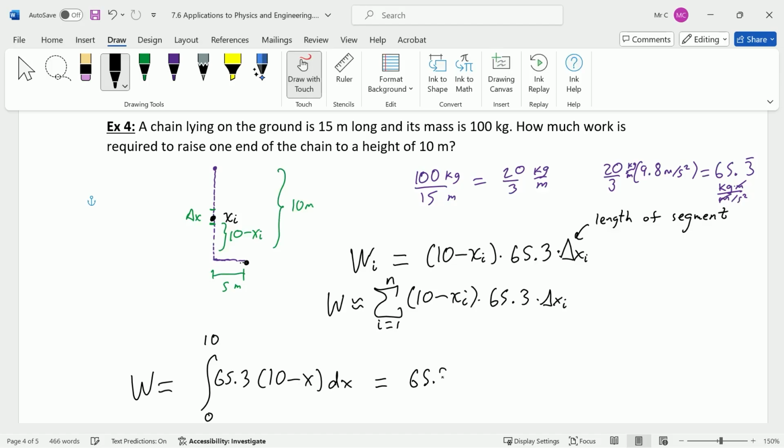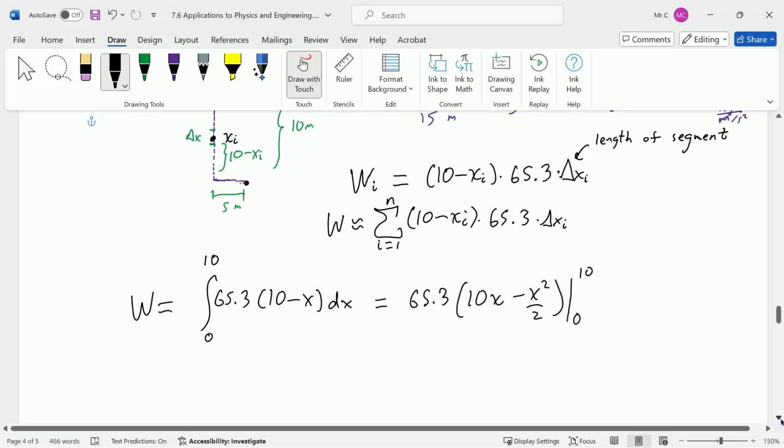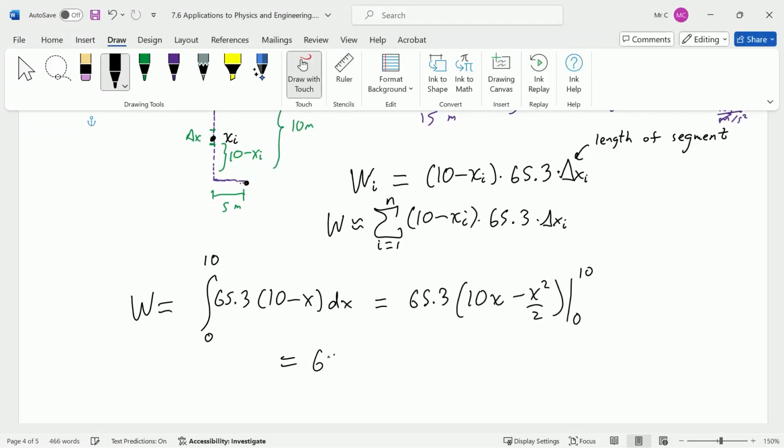Pull that 65.3 out in front. Take my antiderivative. That gives me 10x minus x squared over 2. Evaluate from 0 to 10. This gives me 65.3 times 100 minus 50 minus 0.